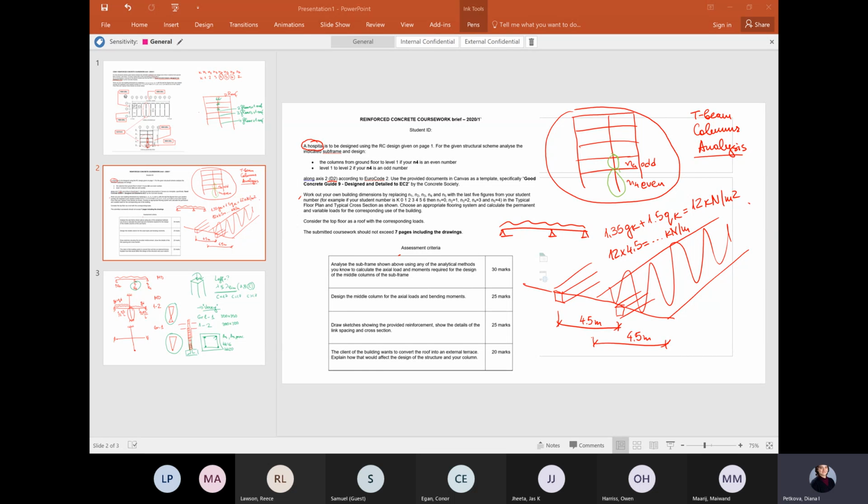For columns, I'll probably expect something between, let's say, 1,400 and 2,000 kilonewtons, depending on whether it's between level 1 and 2 or ground floor to level 1. Obviously, the ground floor one will be carrying all the floors above it, so you get a value closer to 2,000.